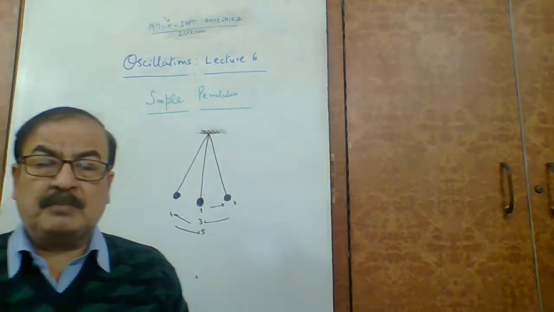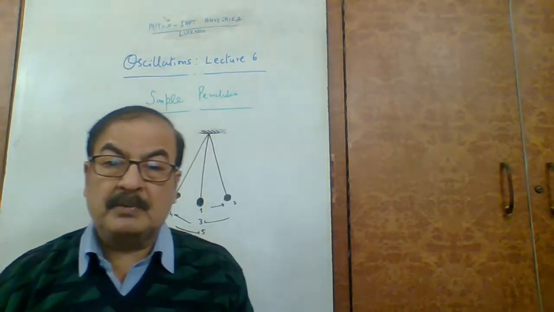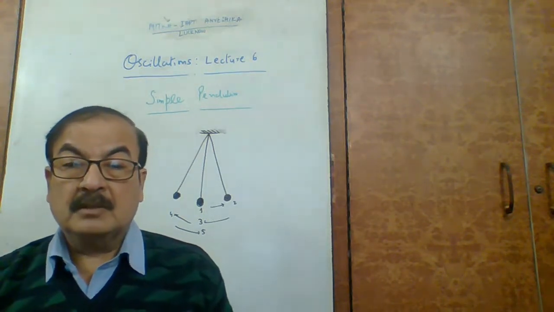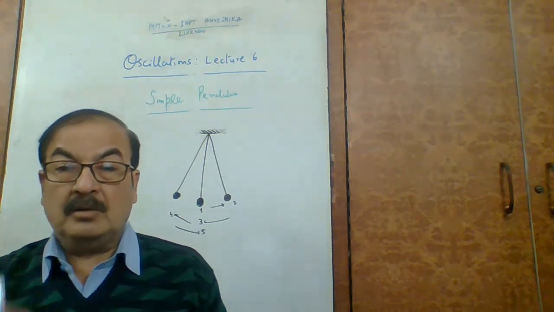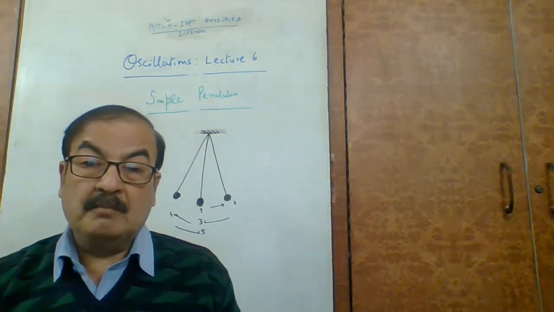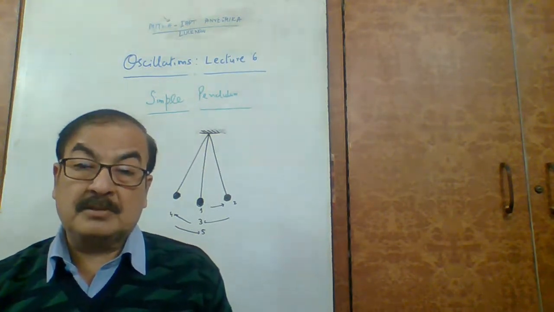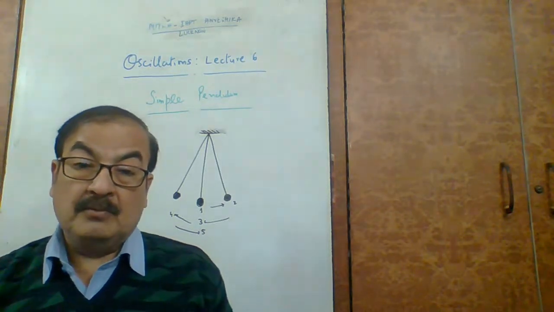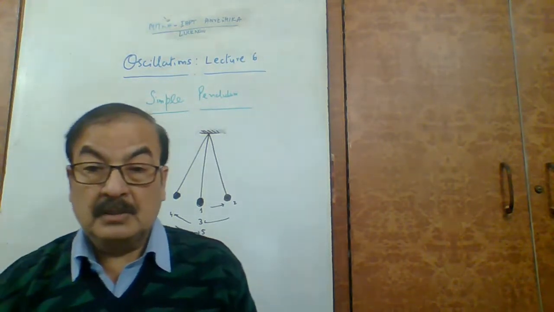What is a simple pendulum? If anyone asks what a simple pendulum is, it is a system consisting of a small but heavy mass tied to a flexible, inextensible, massless string from a rigid support.